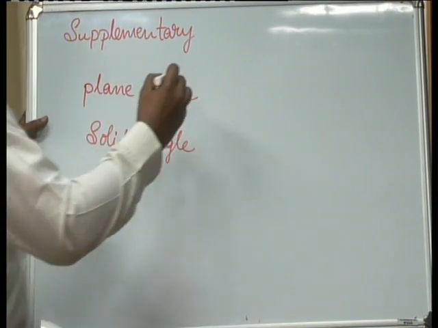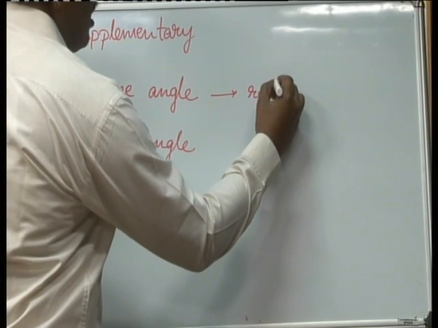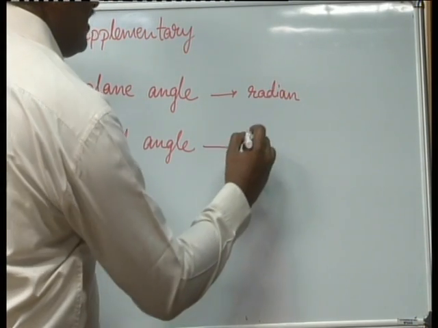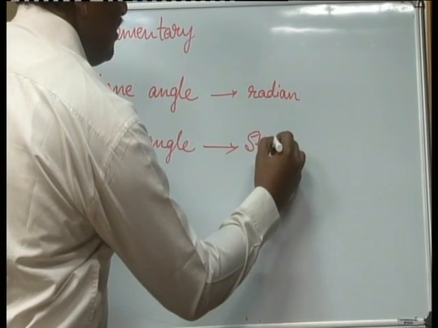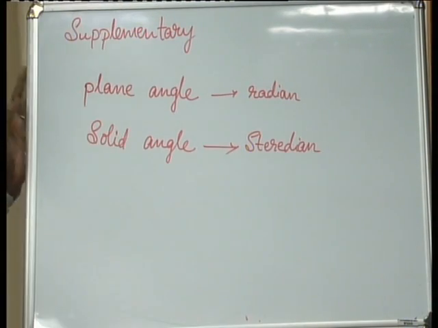The unit used to represent the plane angle is radian, and the corresponding unit used to represent the solid angle is steradian. So, these are the basic quantities in the case of the SI system.